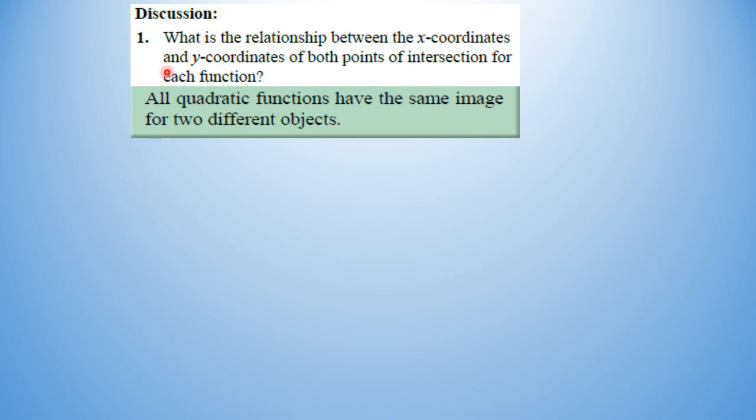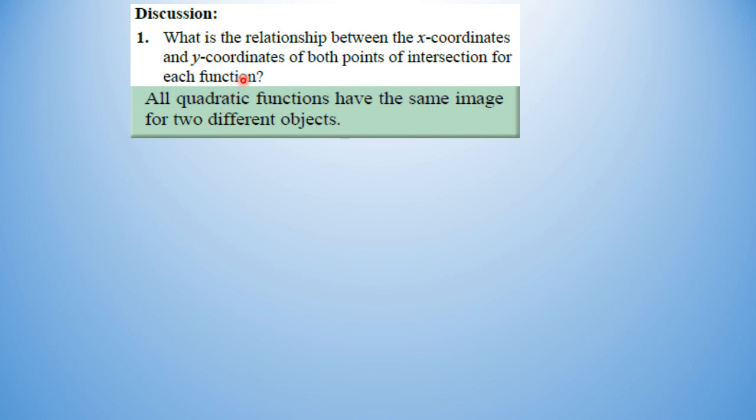According to the previous slide, we have to discuss 2 questions. The first one is, what is the relationship between the x-coordinate and y-coordinate of both points of intersection for each function?